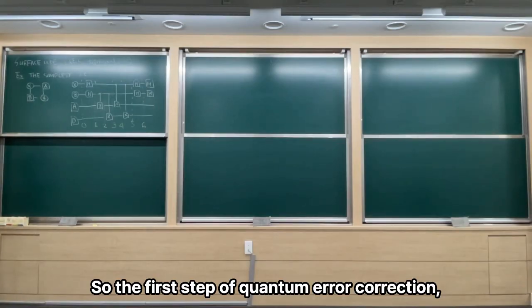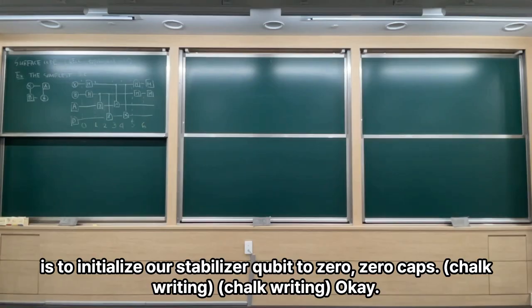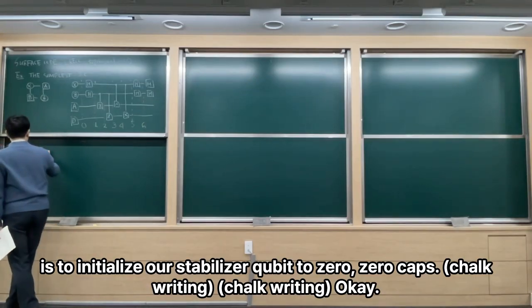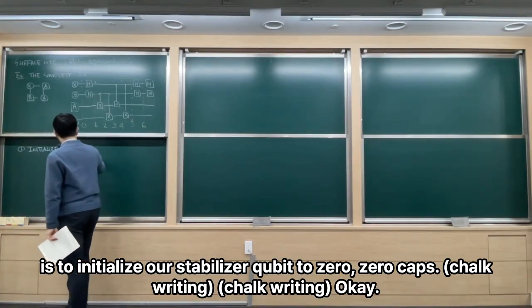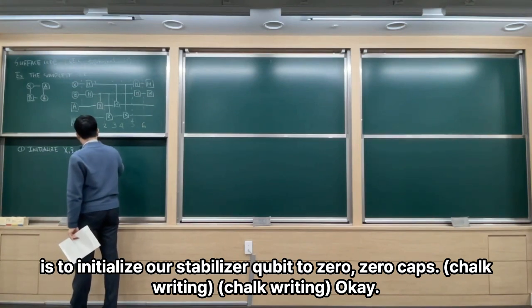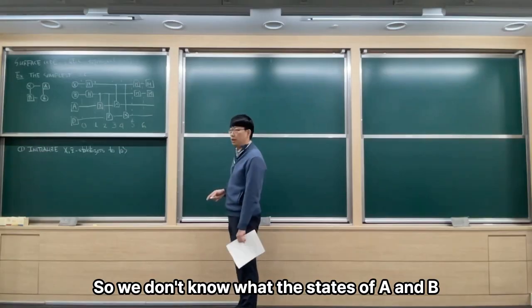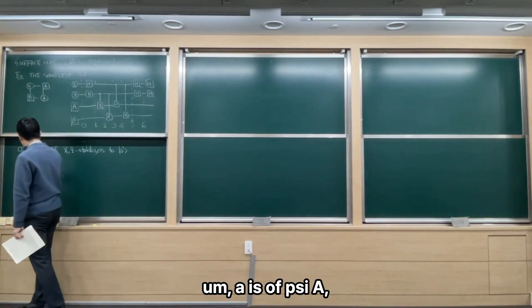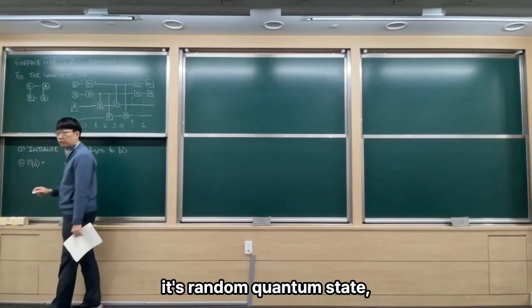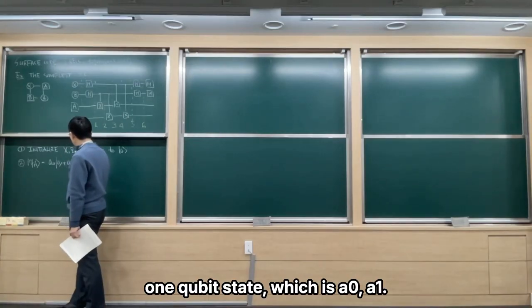So the first step of quantum error correction, surface code, is to initialize our stabilizer qubits to 0 kets. Okay, so we don't know what the states of A and B are, so we're going to assume that A is psi A, a random 1 qubit state, which is A0, A1.